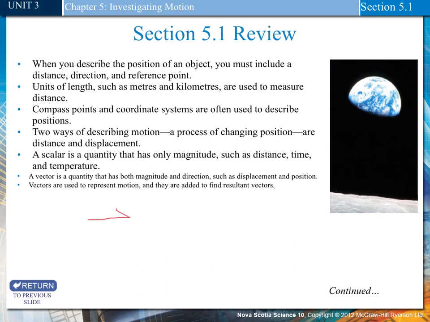A scalar is a quantity that has only magnitude, such as distance, time, and temperature. A vector is a quantity that has both magnitude and direction, such as displacement and position. Vectors are used to represent motion, and they are added to find the final resultant vector.